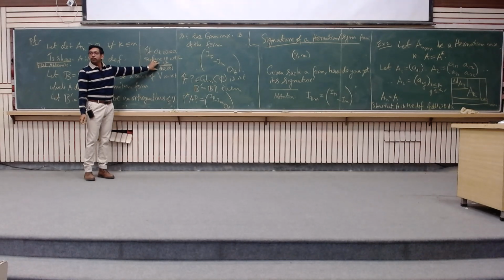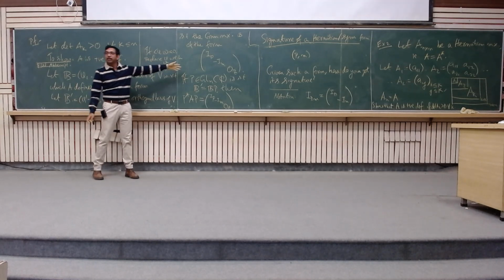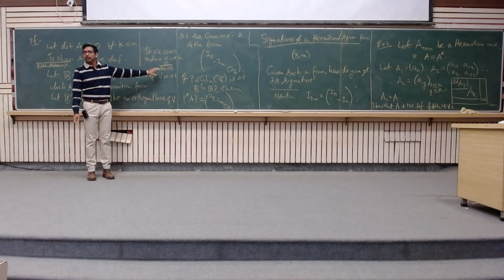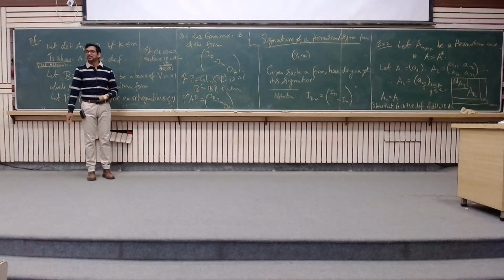This will give you a vector such that the product of this with itself is minus 1. So if you have an orthogonal basis, you can of course do this. And how do you find an orthogonal basis when given a basis?